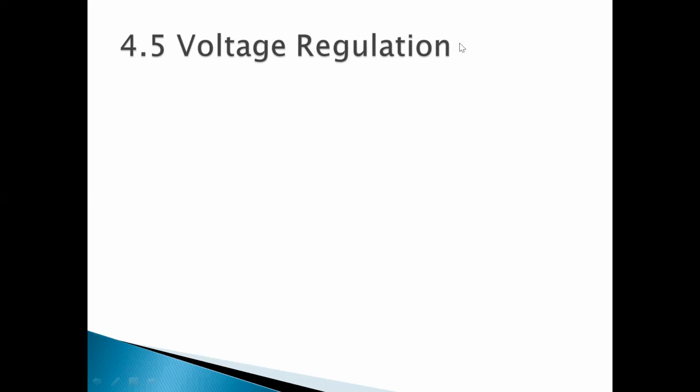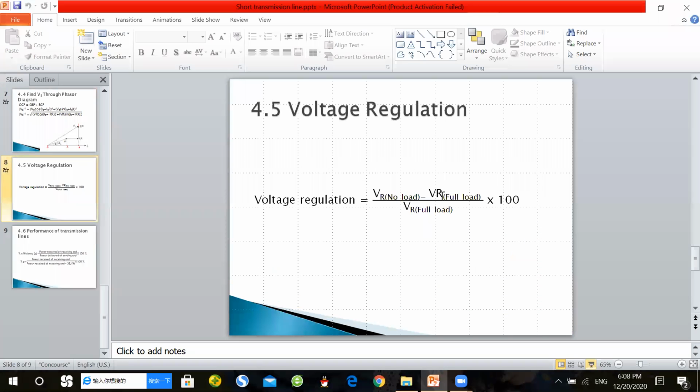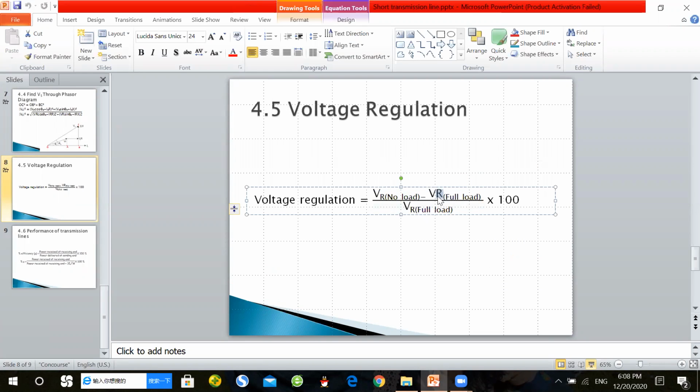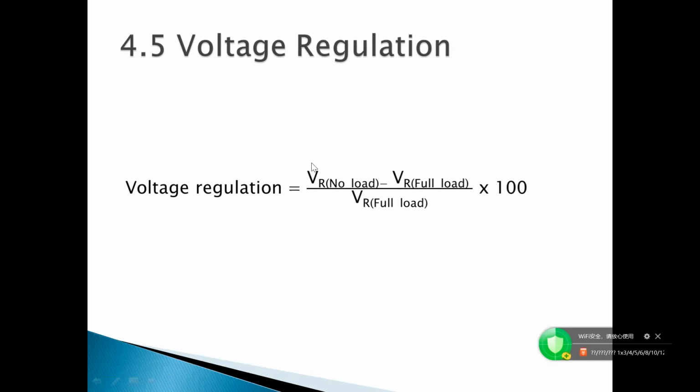Okay, we move towards the voltage regulation. The voltage regulation is the sending end voltage at no load minus the sending end voltage at full load, divided by the full load voltage.